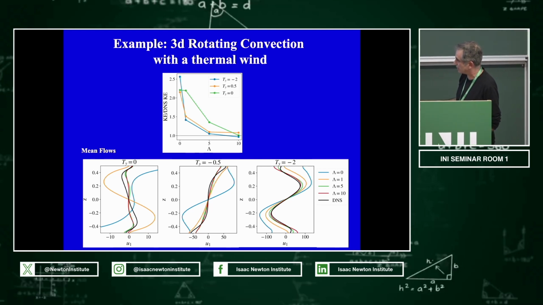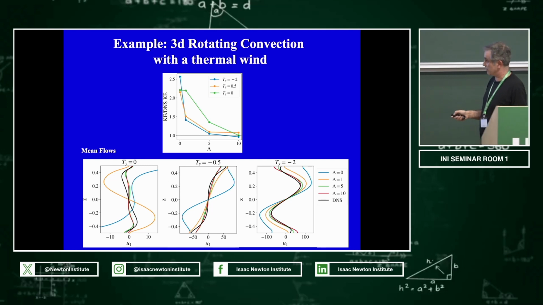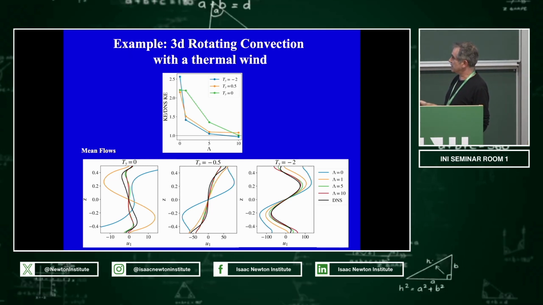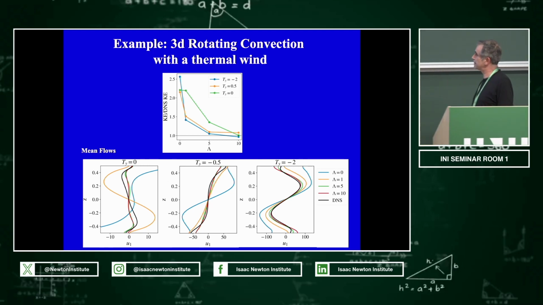DNS is in black, so you want to look for the black curve. In fact, the quasilinear approximation is all over the place. By the time you get to Ty equals minus 2, even lambda equals 1 is having a good stab at getting the shape of the mean. This mean has been averaged over time as well as the horizontal directions.